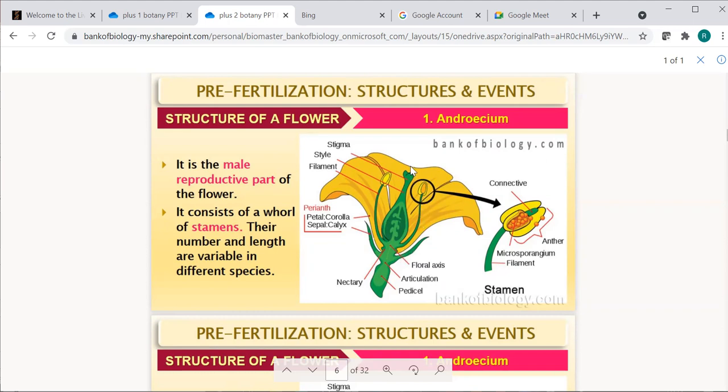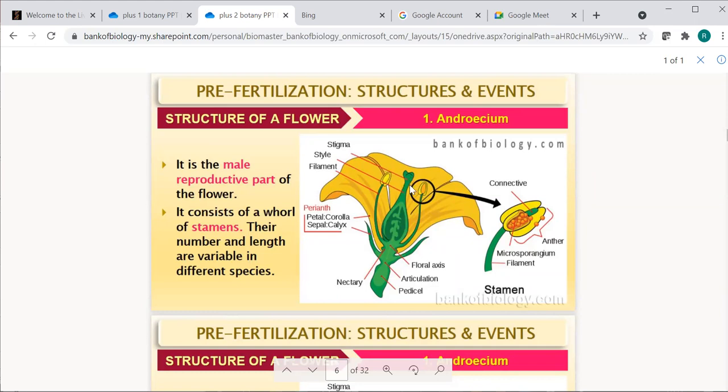Okay, and it has the female reproductive part, which is gynoecium, which has parts named stigma, style and ovary. Ovary is the main part, and all three parts together are called pistil or carpel. This is the female reproductive part. This is the male reproductive part.